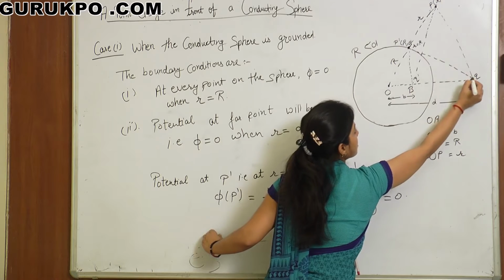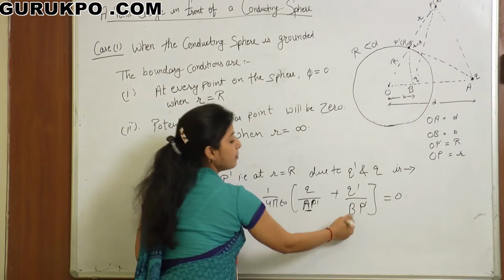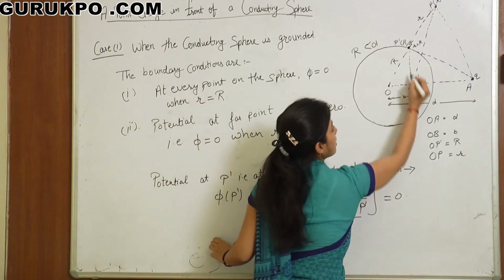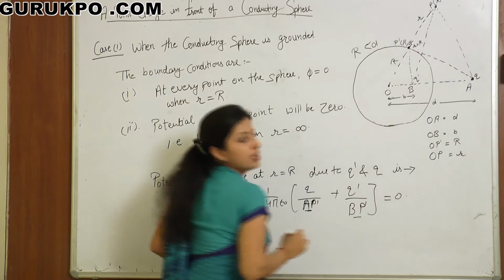AP dash is the distance of P dash from point A, and BP dash is the distance from point B to P dash.